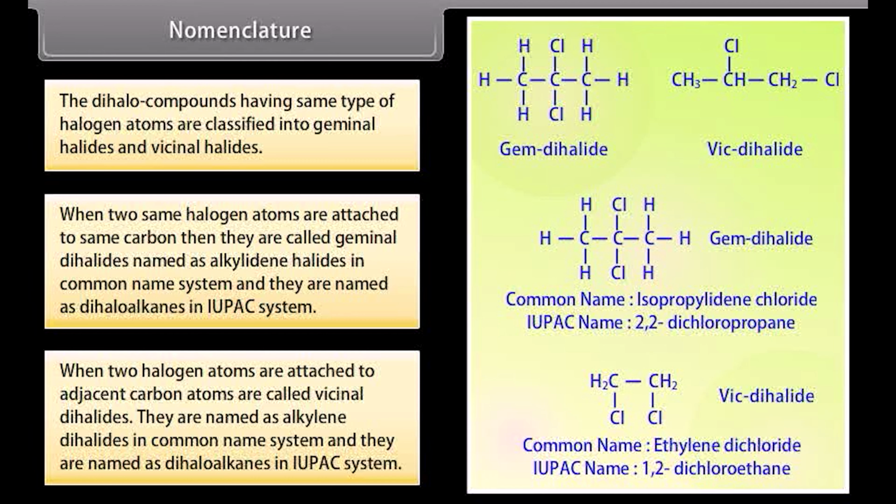When two halogen atoms are attached to adjacent carbon atoms they are called vicinal dihalides. They are named as alkylene dihalides in common name system, and they are named as dihaloalkanes in IUPAC system.